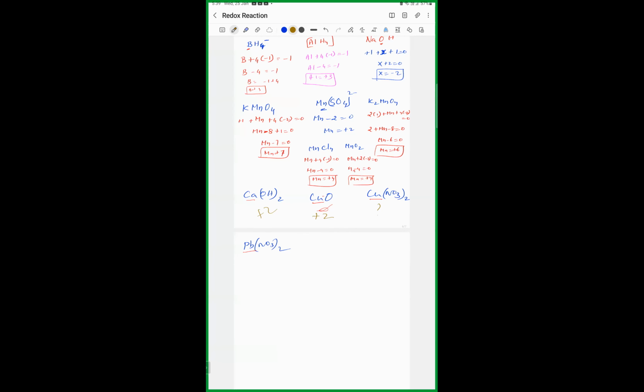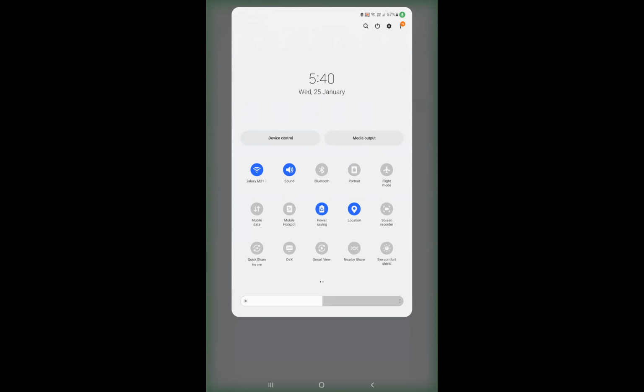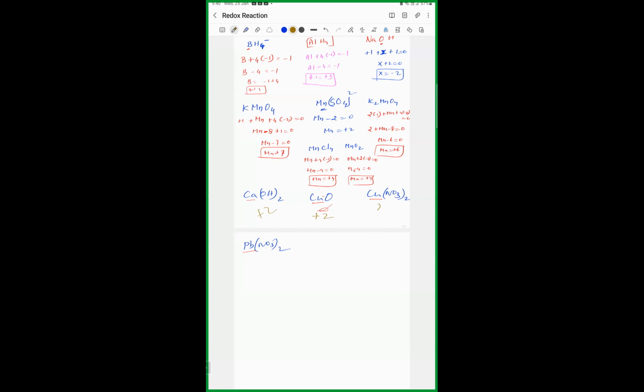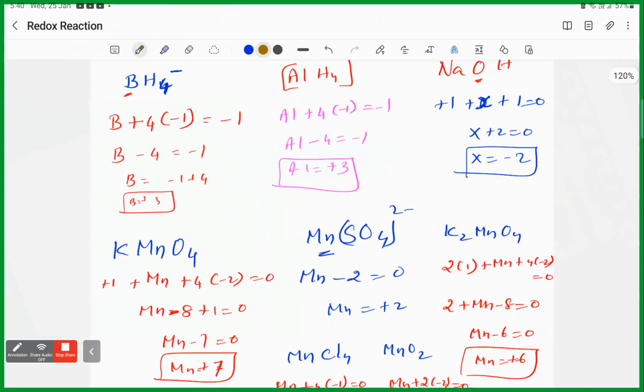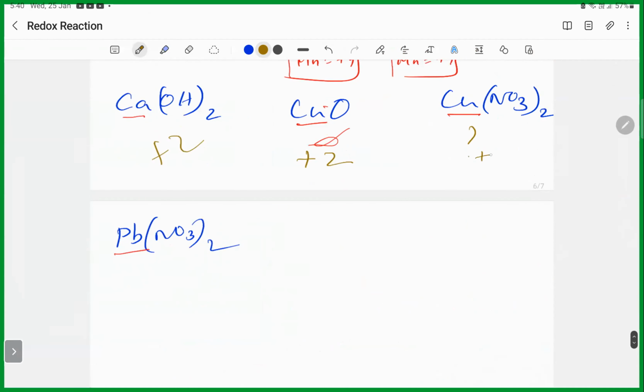For copper nitrate? NO3 becomes minus 1. So this becomes plus 2. All are plus 2 only.